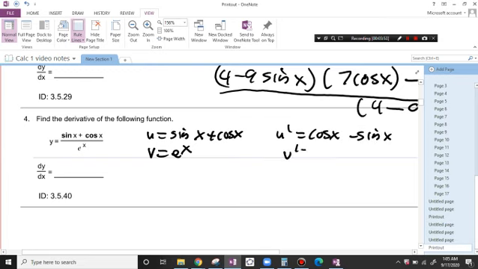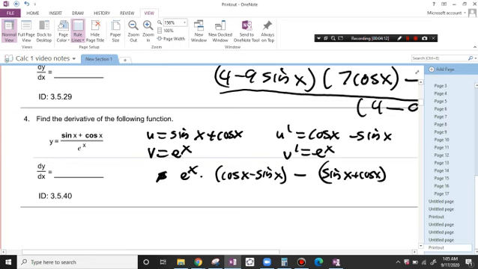The derivative of e to the x is e to the x. v times u prime, cosine x minus sine x, minus u times v prime, all over v squared.